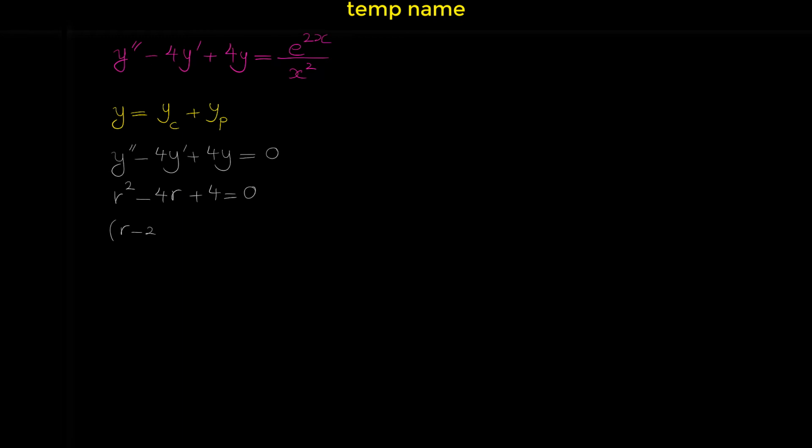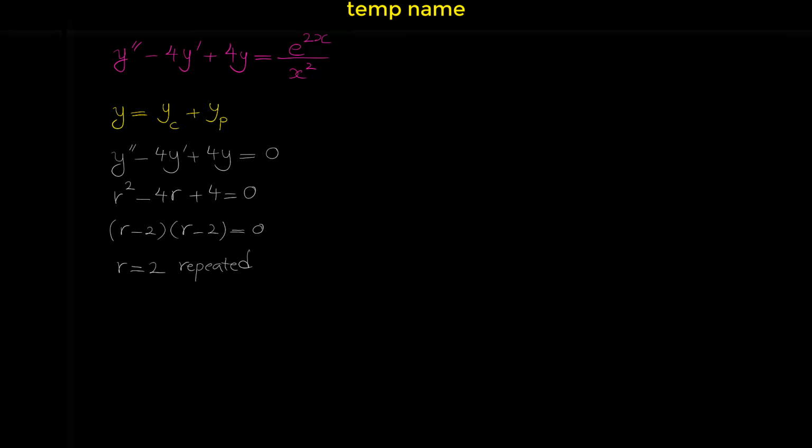We can factor it as r minus 2 times r minus 2 equals 0, or you can use the quadratic formula. If we set this equal to 0, r equals 2. If we set the other bracket equal to 0, r again is 2. So 2 is a repeated root for this quadratic equation.